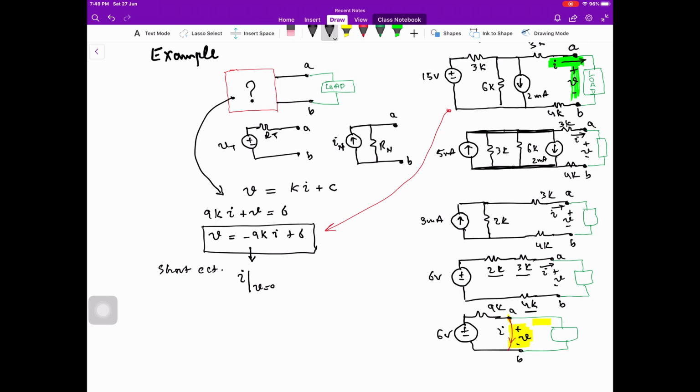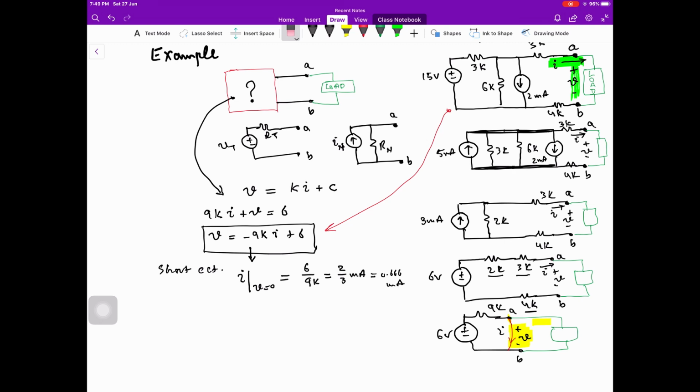So from the equation, when V is equal to 0, the short circuit current is 6 over 9K, which is 2 over 3 milliampere, equal to 0.666 milliampere.